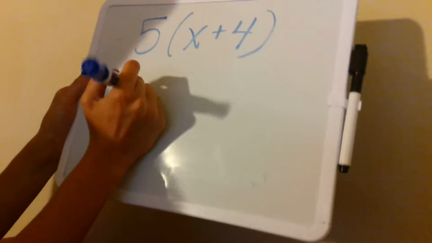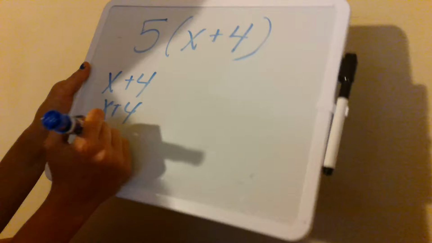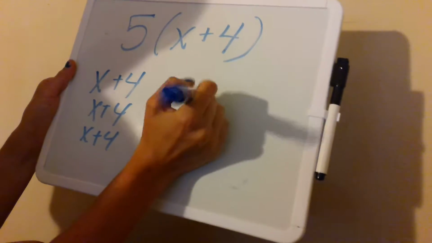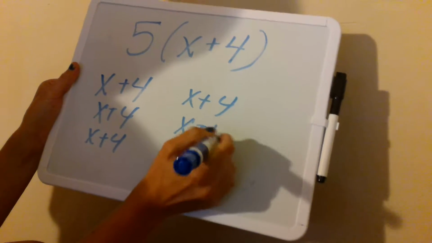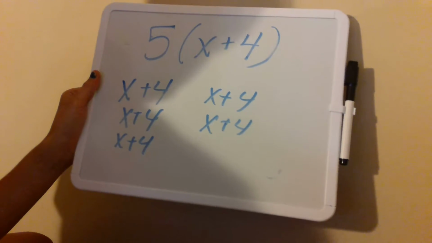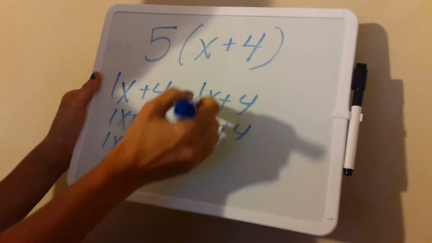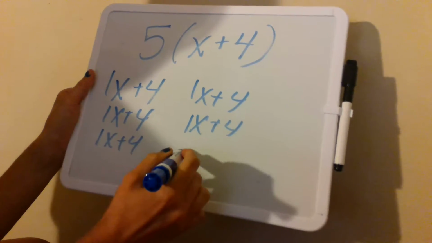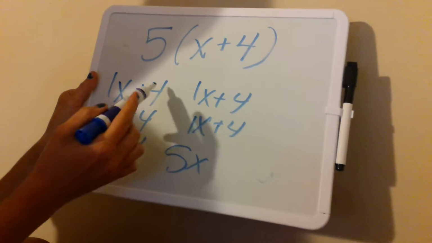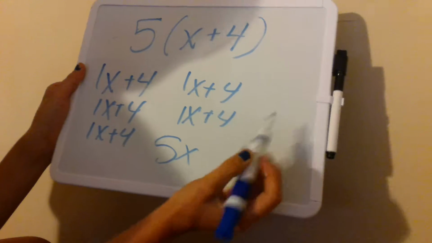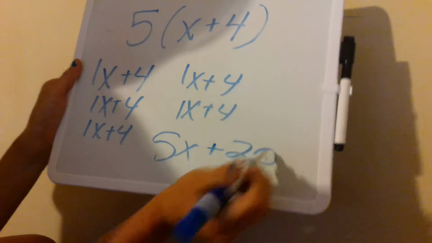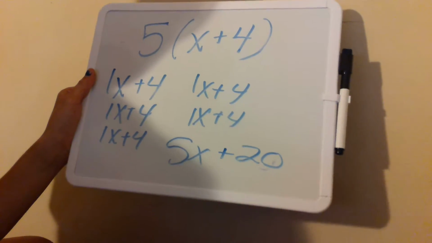So we could have x plus 4 five different times. And if we want to combine our like terms, we know the coefficient of all these x's is 1. So then we are left with 5 x's, and then 4 plus 4 plus 4 plus 4 plus 4 is going to give us 20.